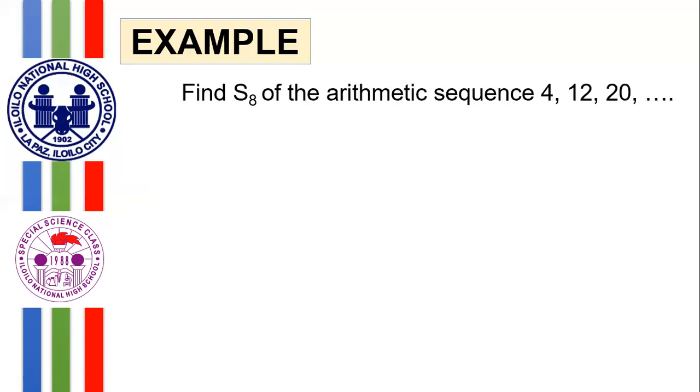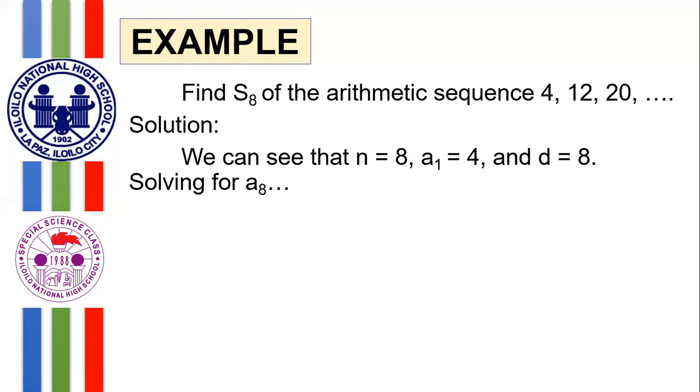Let's have the same example, but this time we will solve for the last term. Remember, we have S sub 8, so we will be adding until the 8th term. So this time, how about if we really solve for the 8th term? Using the arithmetic sequence formula, you have a sub n equals a sub 1 plus n minus 1 times d.